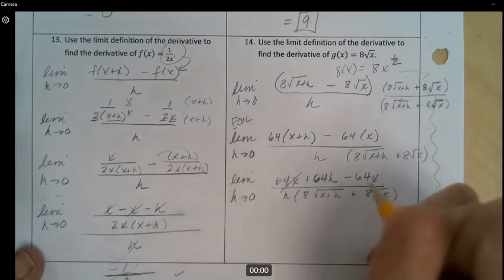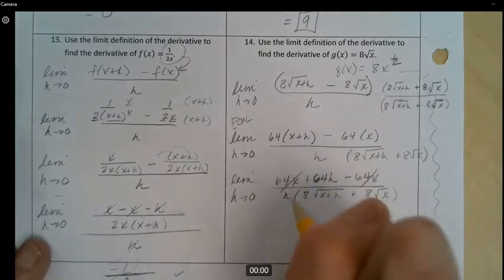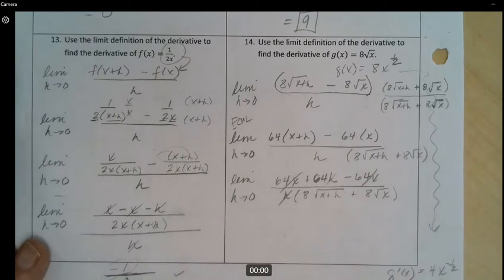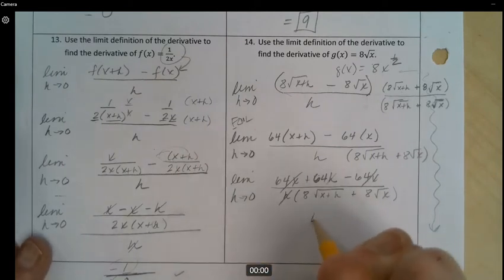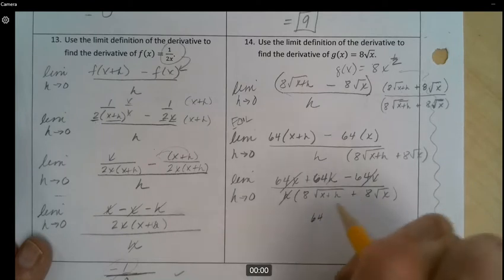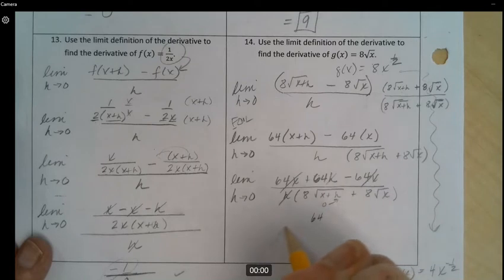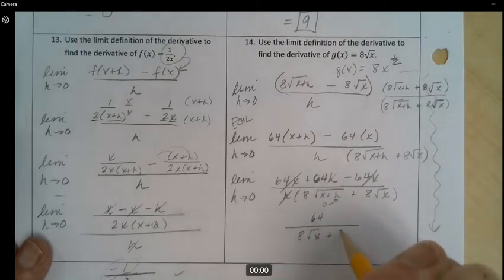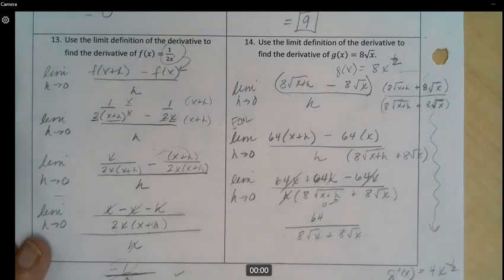My 64x's cancel out. My h's cancel out. And I get 64, and my h goes to 0. 64 over 8 times the square root of x plus 8 times the square root of x.